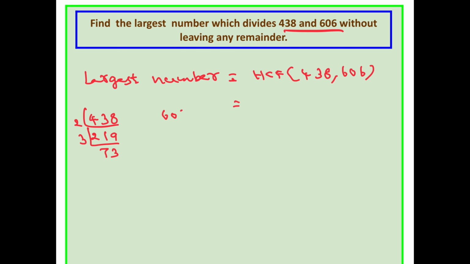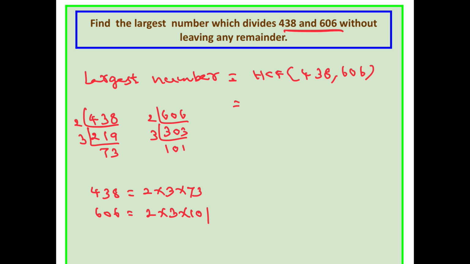Then 606: 2 3s are 0, 2 3s are 3, 1s are 0, 3 1s are. 101 is a prime number, it is not possible to divide further. Now HCF. 438 is 2 into 3 into 73. 606 equals 2 into 3 into 101. HCF is which is common in both: 2 into 3, 6. Therefore the largest number is 6.